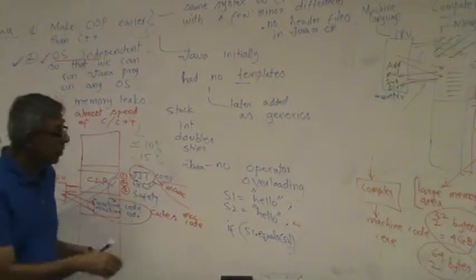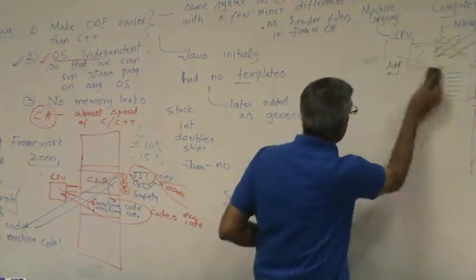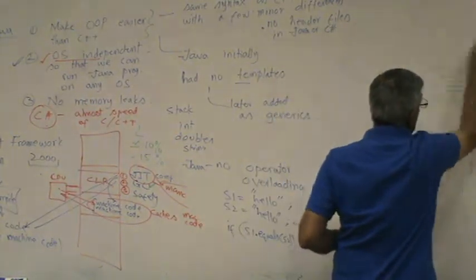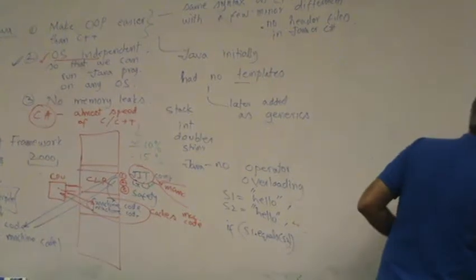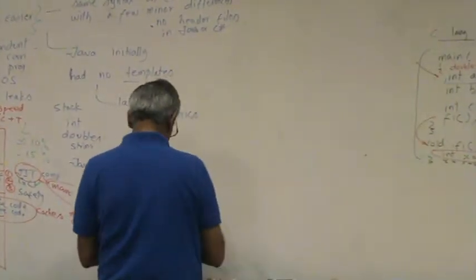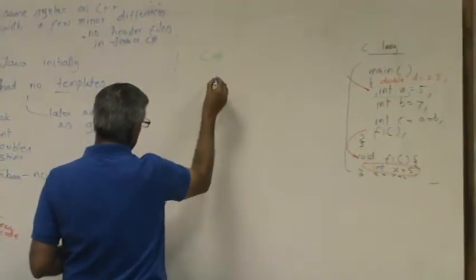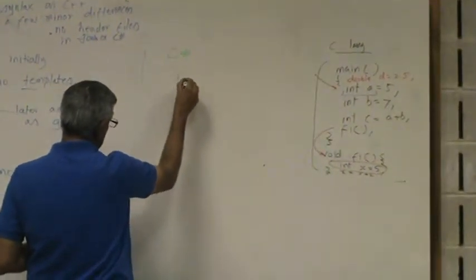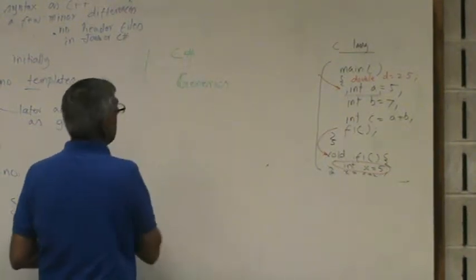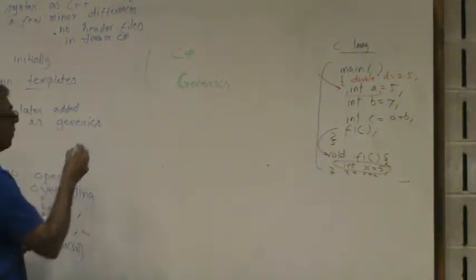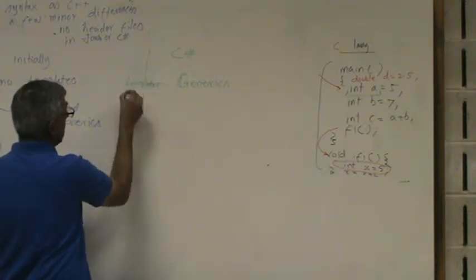However, now coming to C#, let's compare it to C#. C# has what are called generics, slightly more powerful than Java, which is again the equivalent of templates in C++.